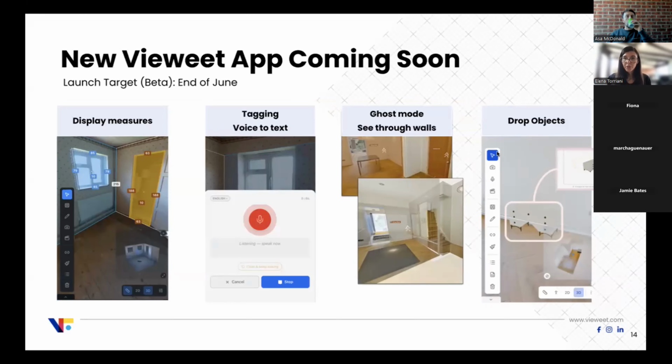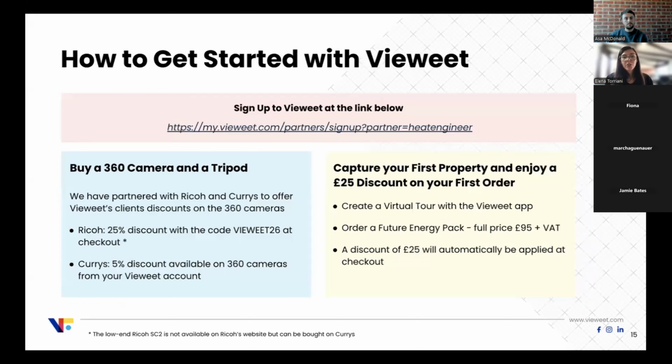So let's say for heat pump installation, you will be able to drop those 3D objects directly into the 360 and be able to see them in the dollhouse as well. We also have a ghost mode, which is basically an option to see through the wall. So this gives even better visibility in the 360 view, because you will be able to see from room to room.